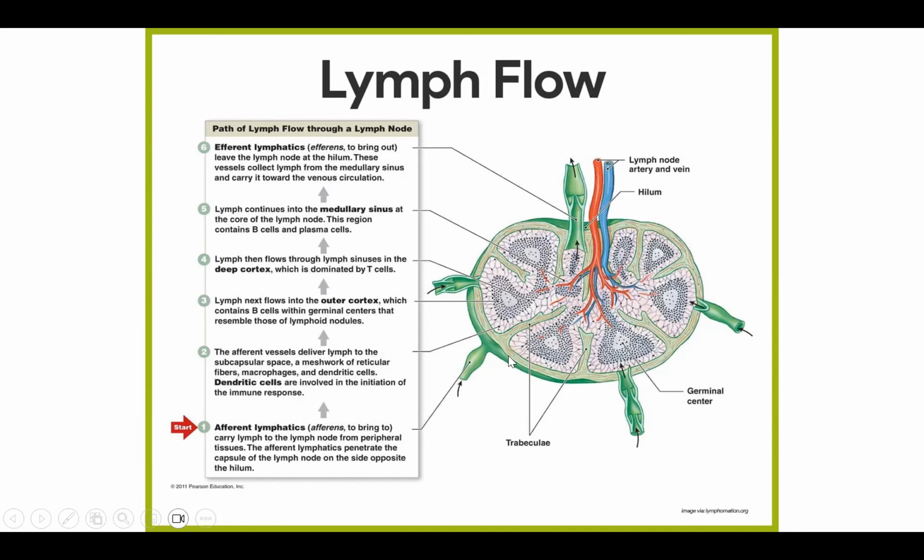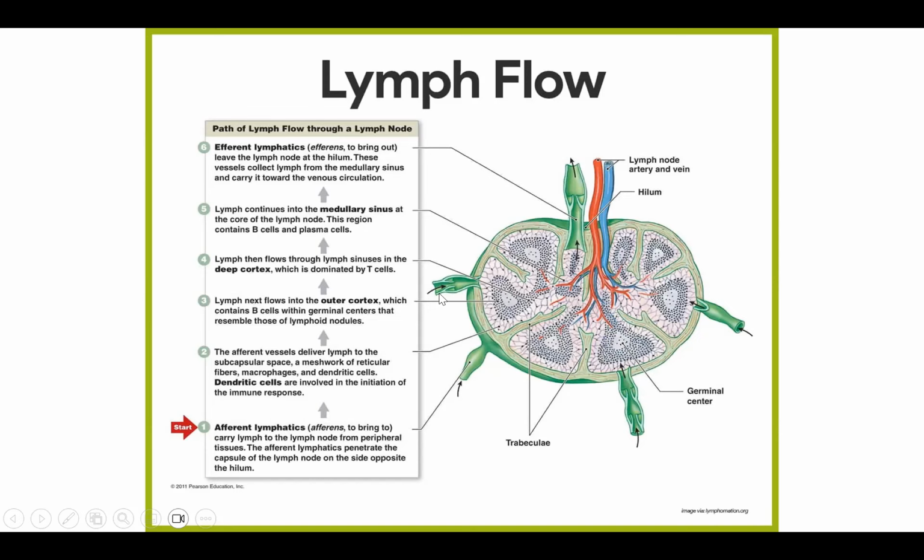So the lymph is going to flow from the afferent duct and start flowing into the space just surrounding the cortex. Remember I was talking about the germinal center with the B cells. It's going to start flowing around, and it'll flow into the germinal center, but a lot of it flows around it.